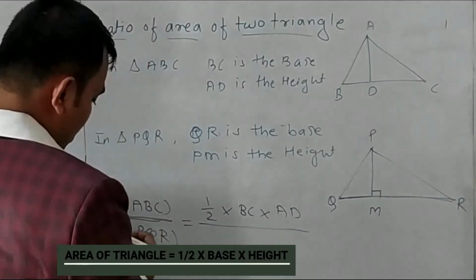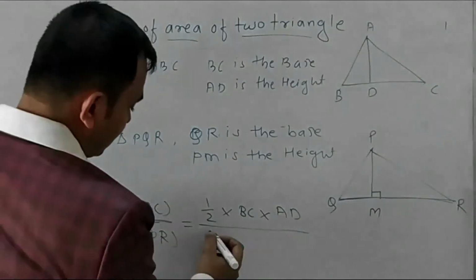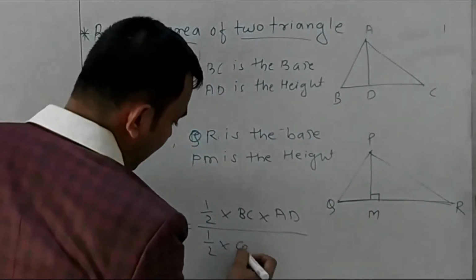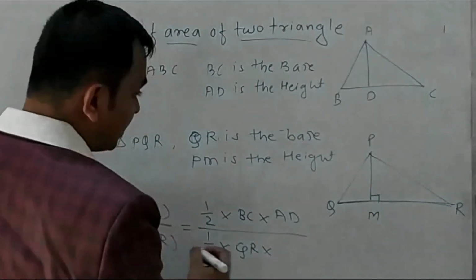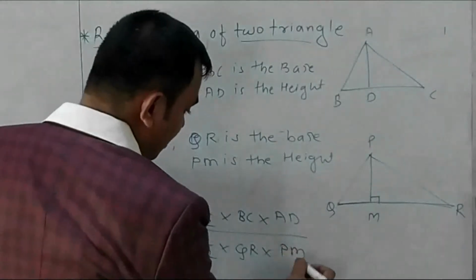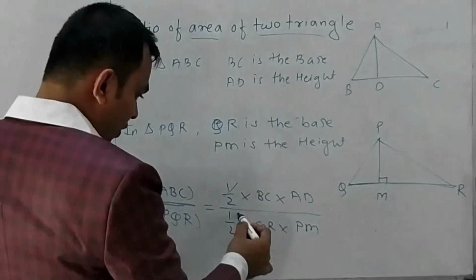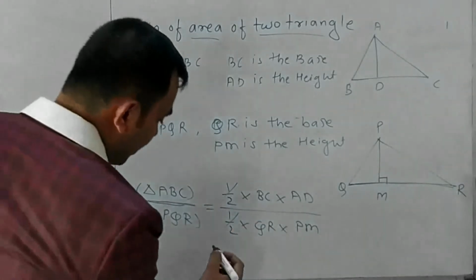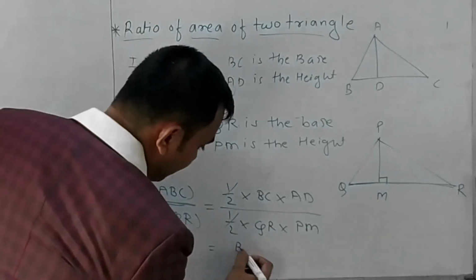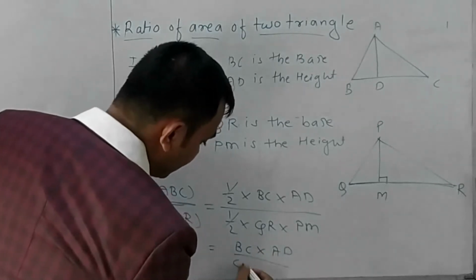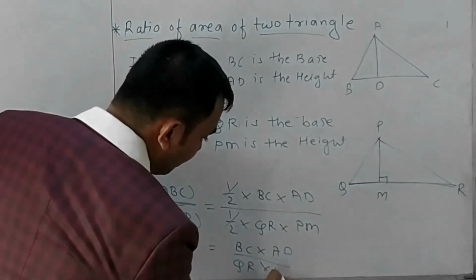Over half into base of triangle PQR, which is QR, and height, which is PM. So here 1 by 2 cuts. What remains? BC into AD upon QR into PM.